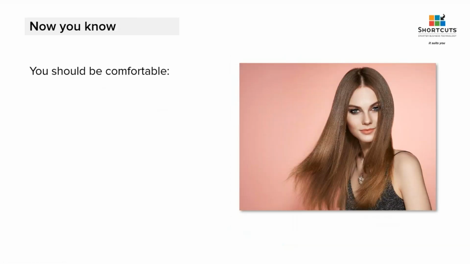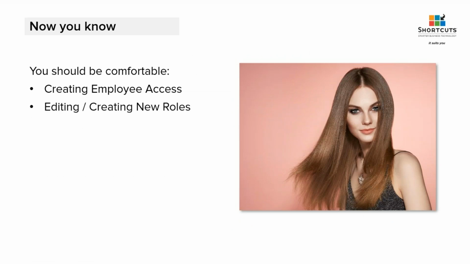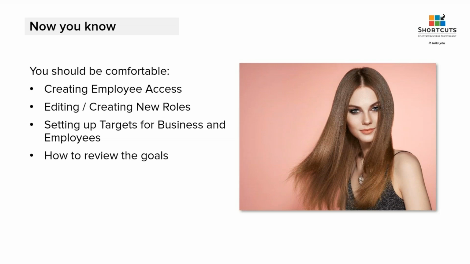So now you should be a little more familiar with accessing the console, accessing the cloud, giving your staff permission, how to edit and customize those levels of permission, how to set up targets for yourself and your business, and of course, how to review those numbers.